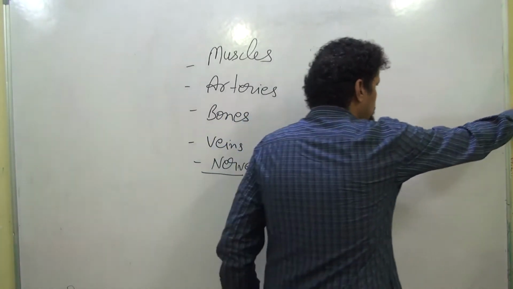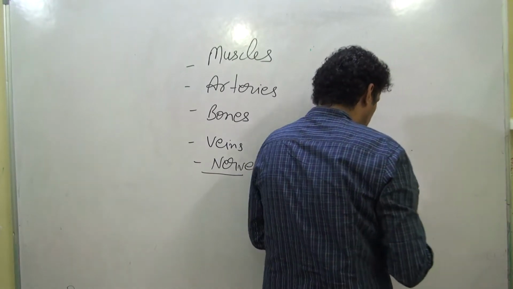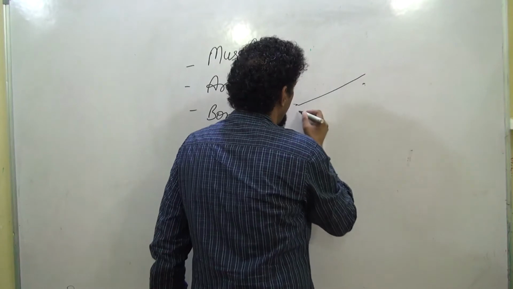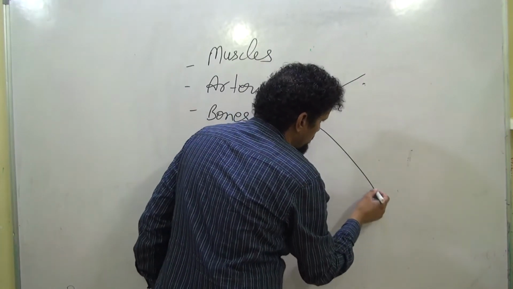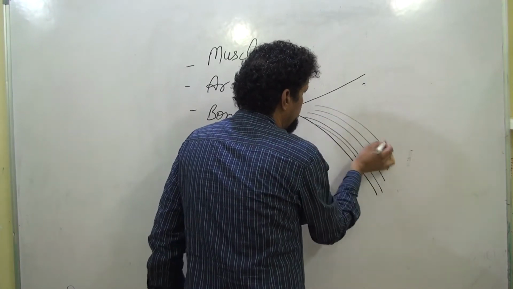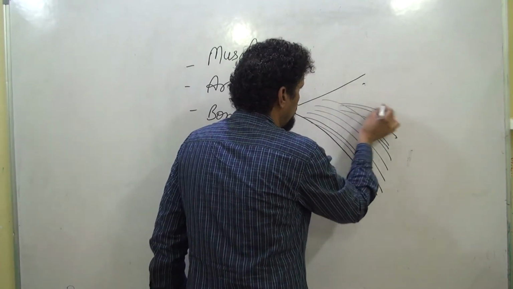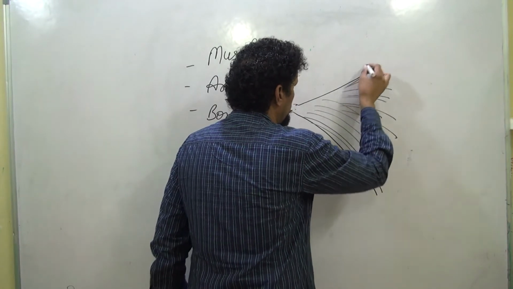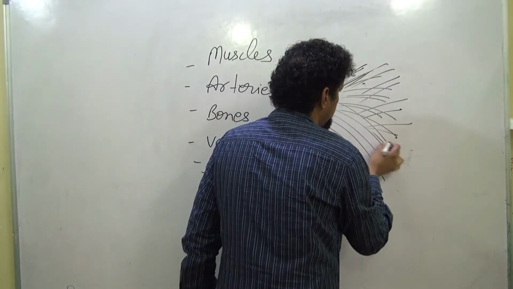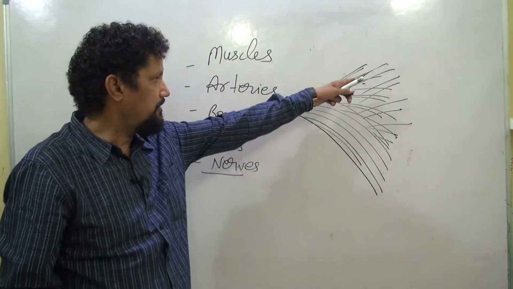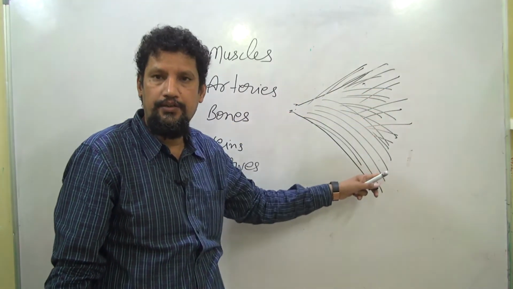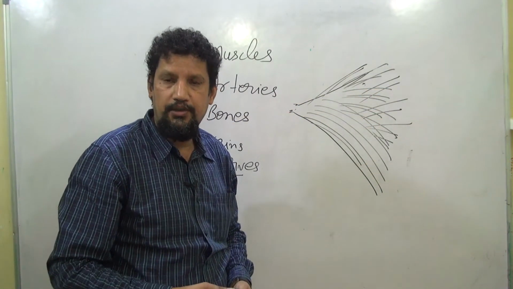So again I will draw the pectoralis major muscle here. It has clavicular fibers, the sternocostal fibers, and the fibers from the external oblique muscle.